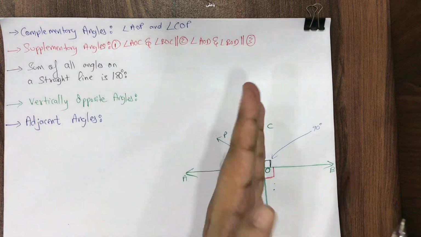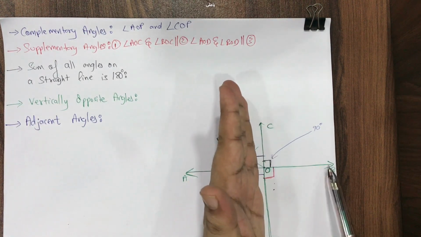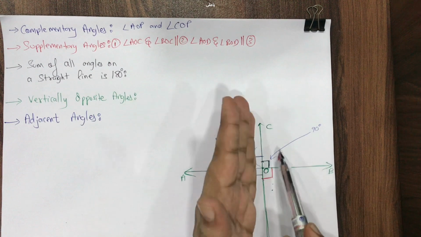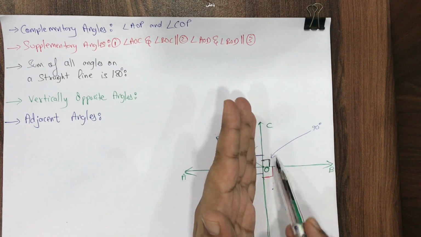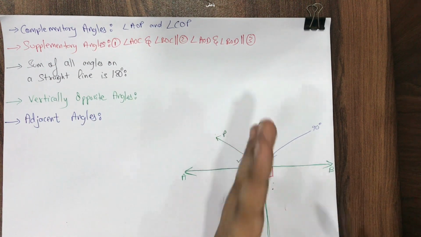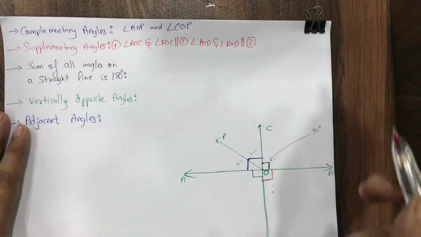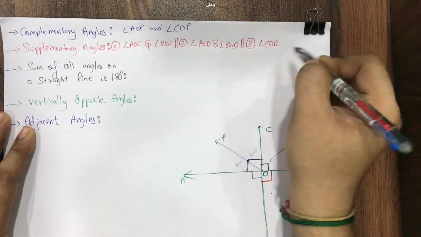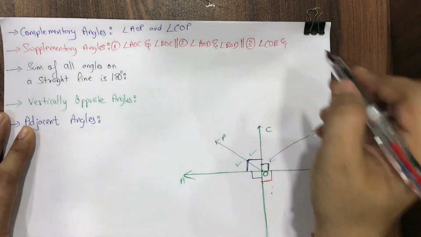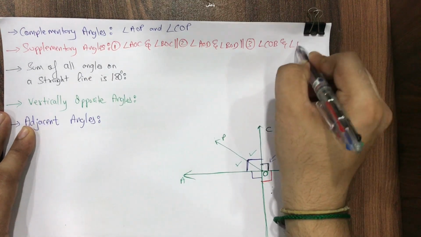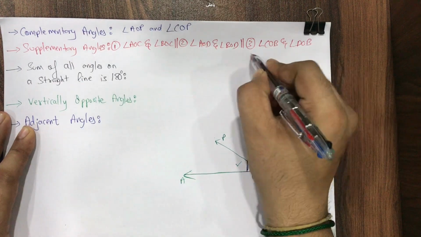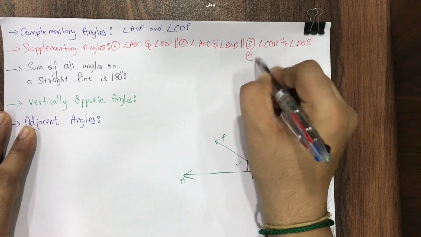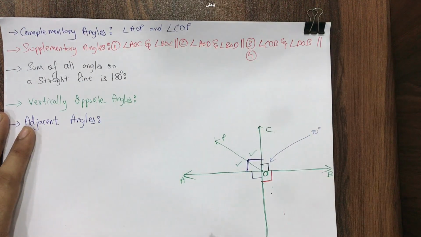Third, if I keep my hand over here, COB and DOB. These two add to 180 degrees, so these two angles can also be termed as supplementary angles. COB plus DOB, and the fourth one will be this.